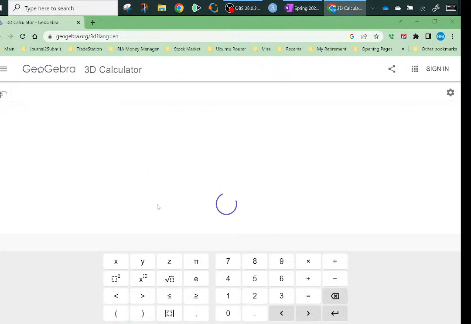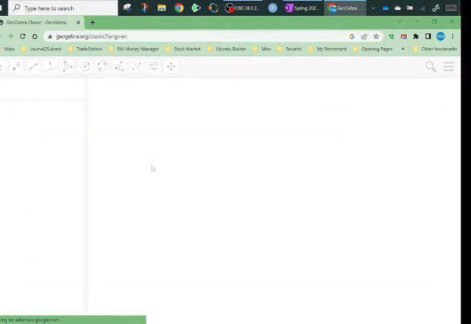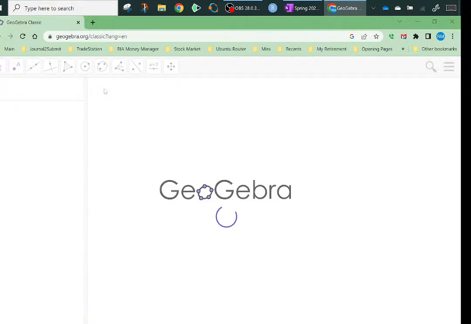That looks different than I was expecting. That's a 3D calculator. That's okay. Was that it? I don't know. Maybe it was that one. Oh well, I don't know what it was. That doesn't look like it either.